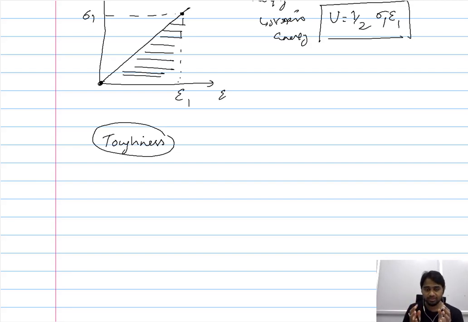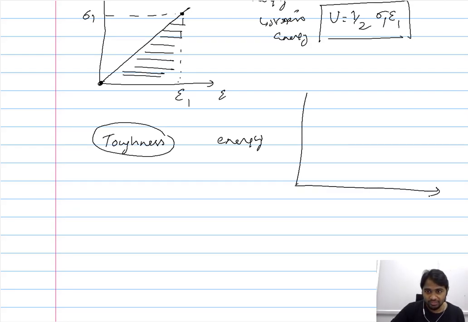So similar to ductility, which is the amount of deformation the material can exhibit before it fails, toughness is the amount of energy, again an energy related term, a material can absorb before it fails.